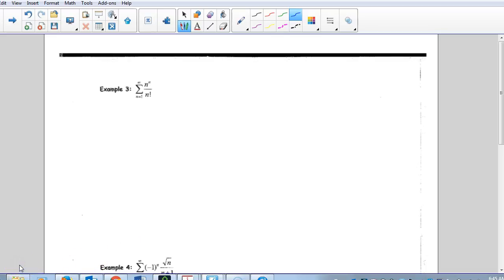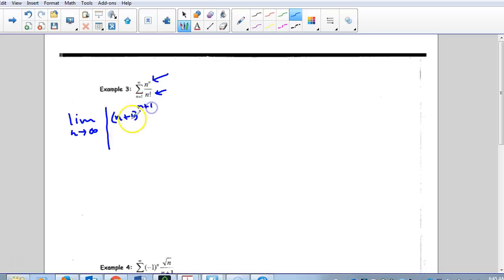Okay, here we go. So, again, because it's n to the n, and because there's a factorial, big deal. You're going to take the limit as n approaches infinity of the absolute value of n plus 1 to the n plus 1, right?